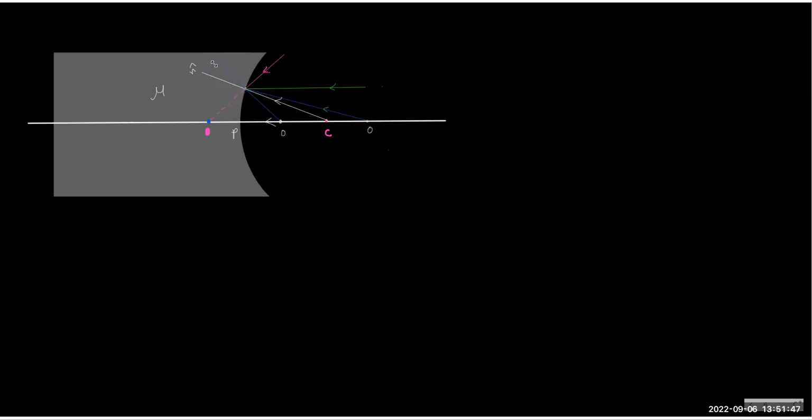It will never meet the principal axis, because above the normal, this ray cannot meet it, isn't it? For any angle from here. Do you realize this? Will it ever come down? Which light ray is it?